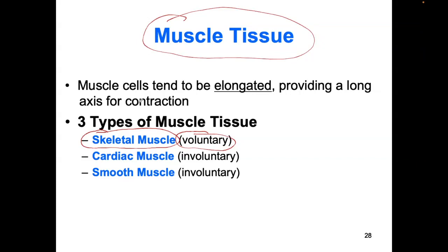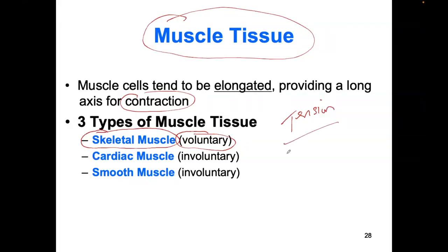Now, you heard me use the word contraction as well. When a muscle contracts, what does that mean? It doesn't mean shorten, because you can have contraction when a muscle is lengthening. So contraction means that there's tension that's being produced.